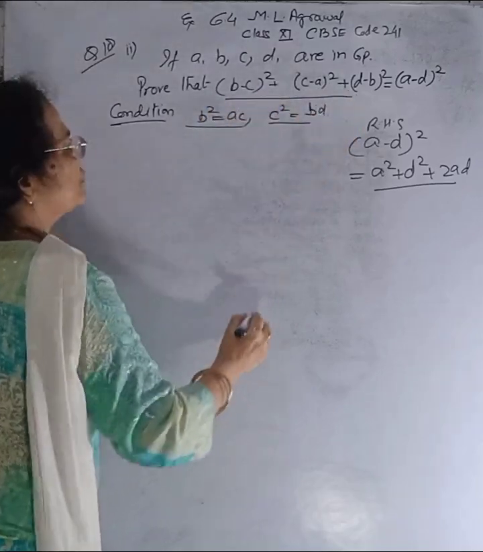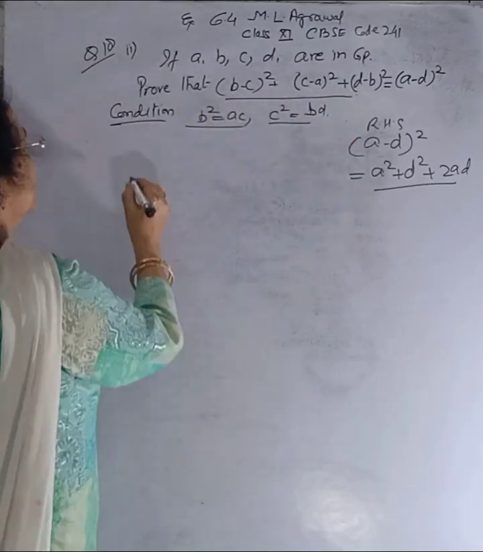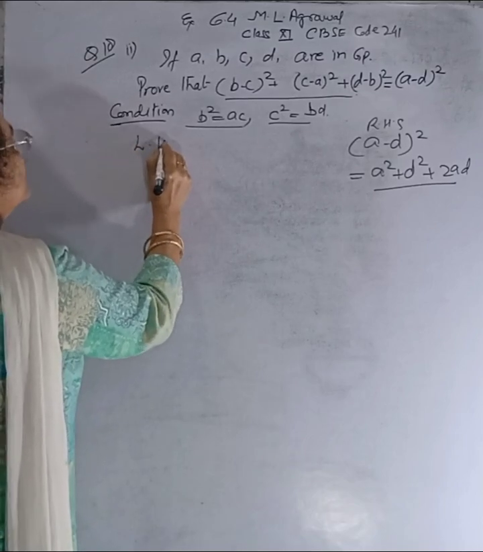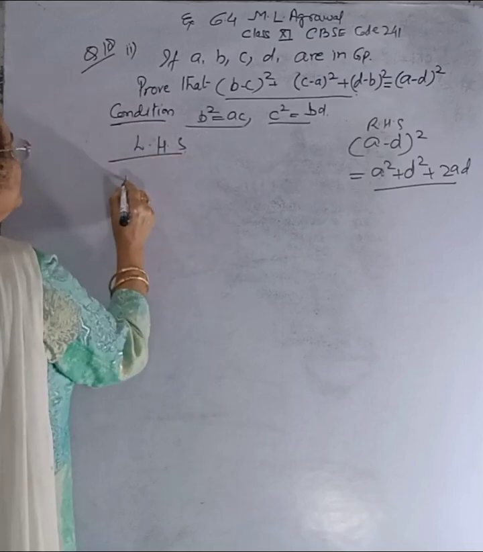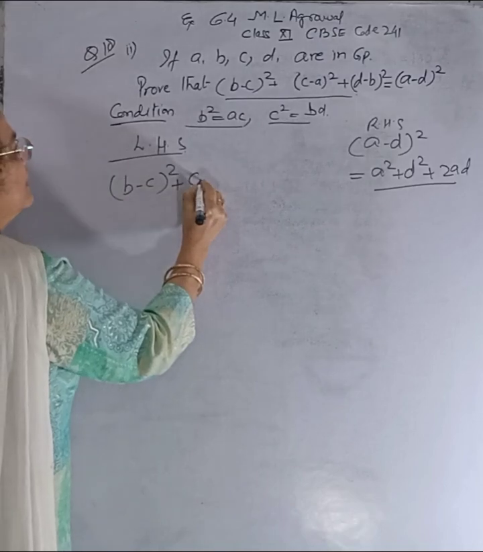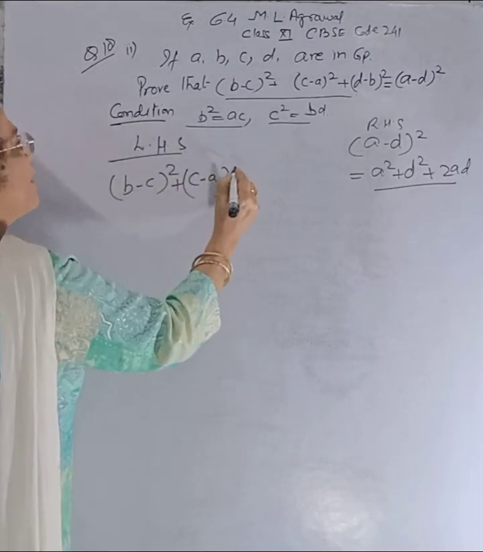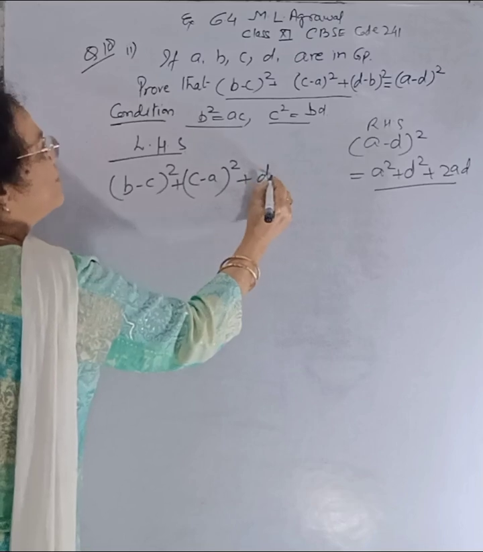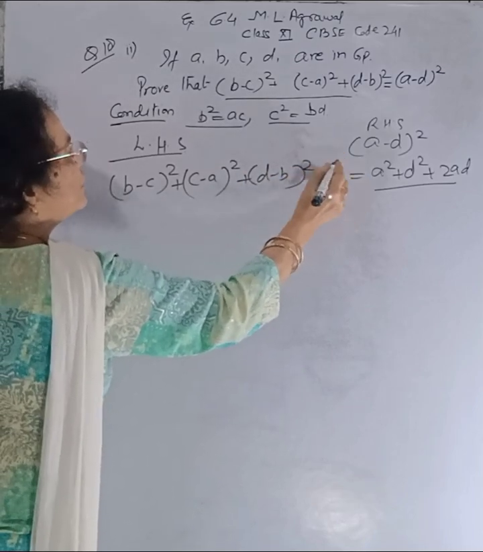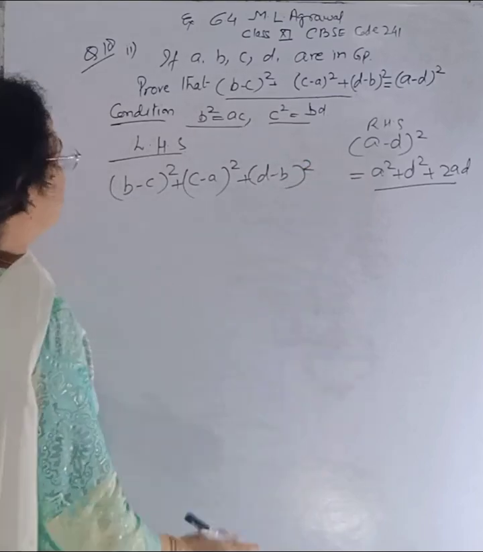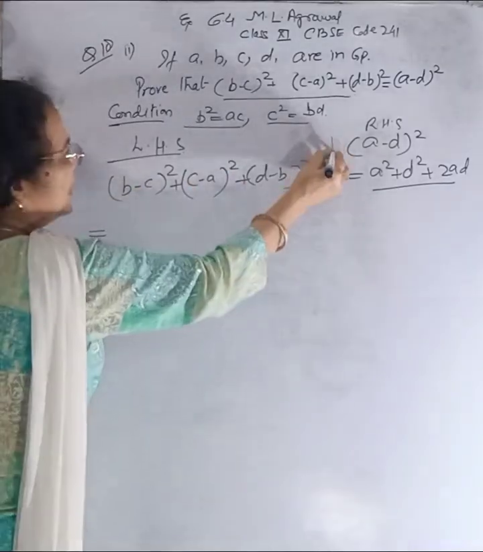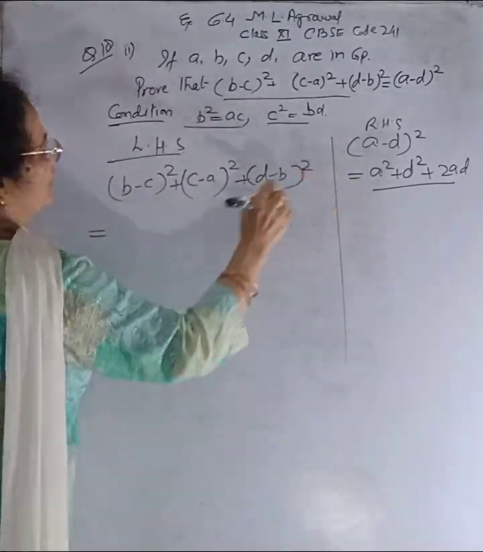Now we are taking the left hand side: (B minus C) whole square plus (C minus A) whole square plus (D minus B) whole square. It is to be proved equal to this.